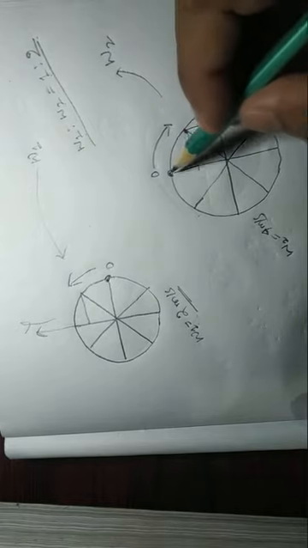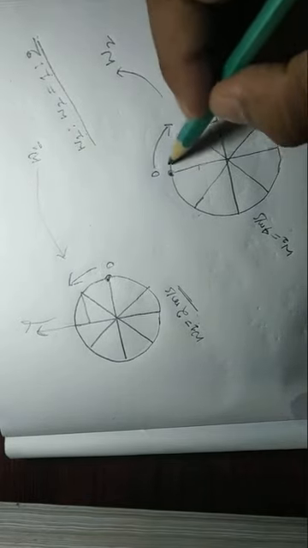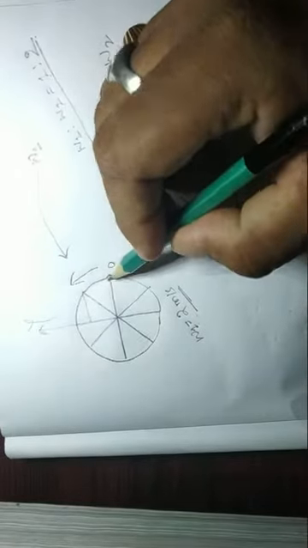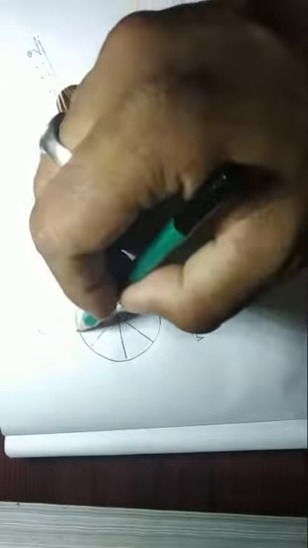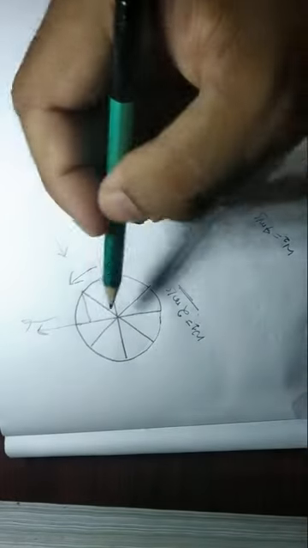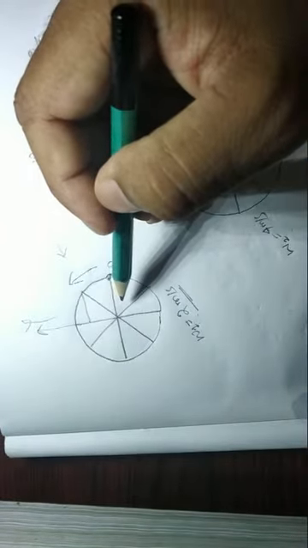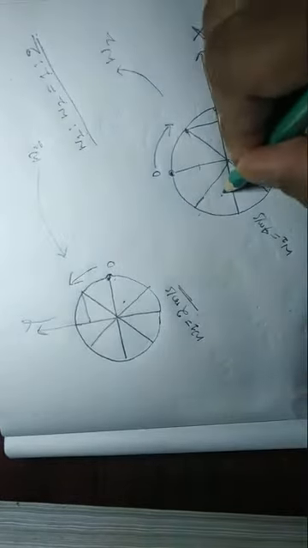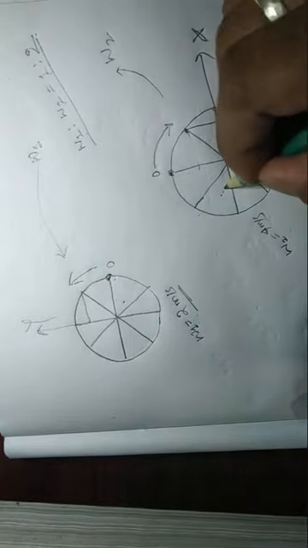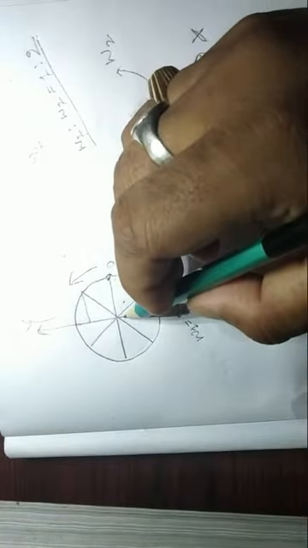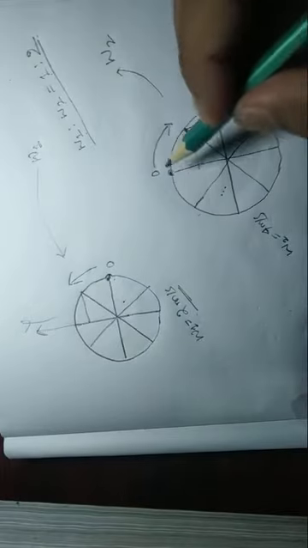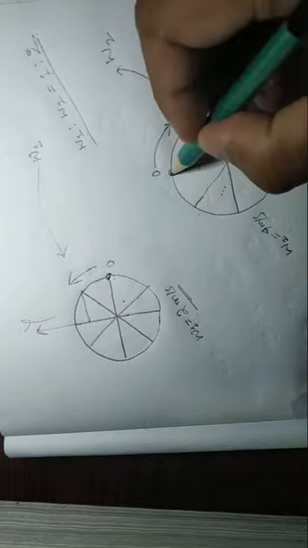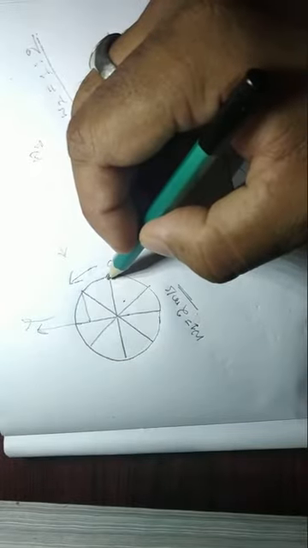It will start from its origin and reach the origin in less time as compared to this one, because this one is moving with lesser velocity, right? As this is moving two times faster as compared with this, the time period for moving from here to here will be less as compared with this.